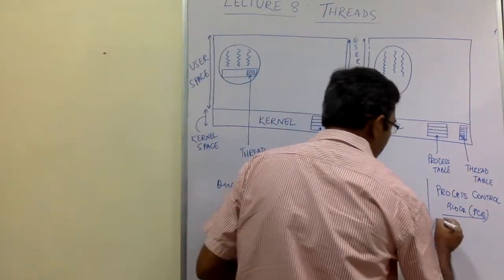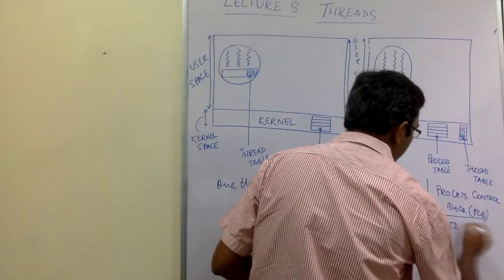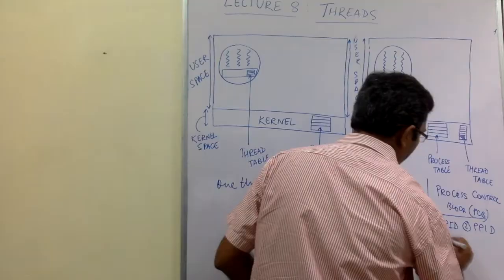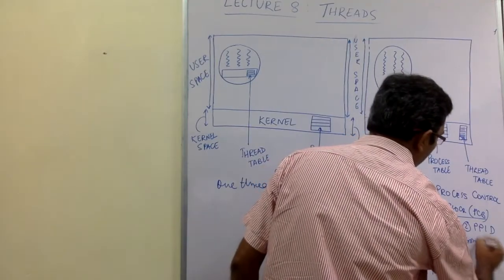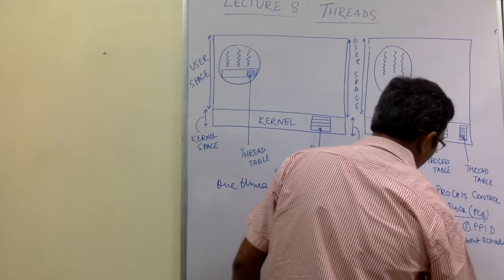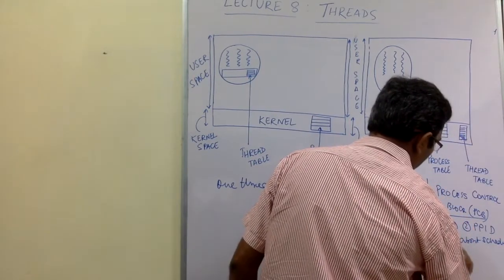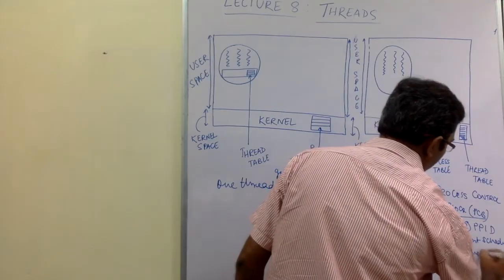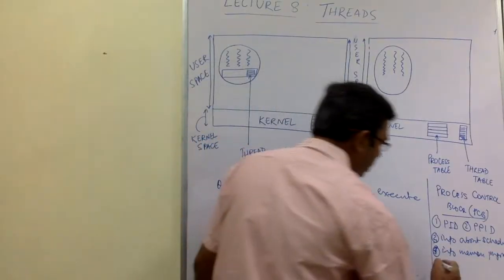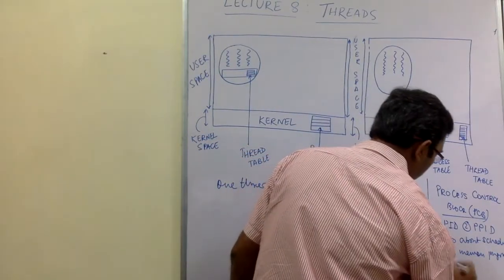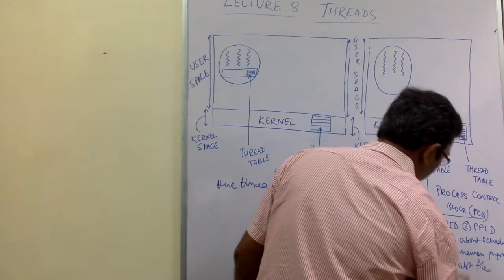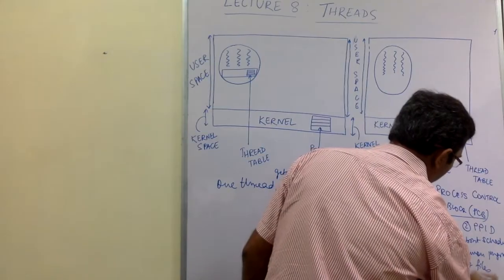What is present in this data structure? A lot of information, such as the process ID of that particular process and the process ID of the parent of the process. Then we have information about scheduling, information about memory management, information about the files, and a pointer to the kernel stack.